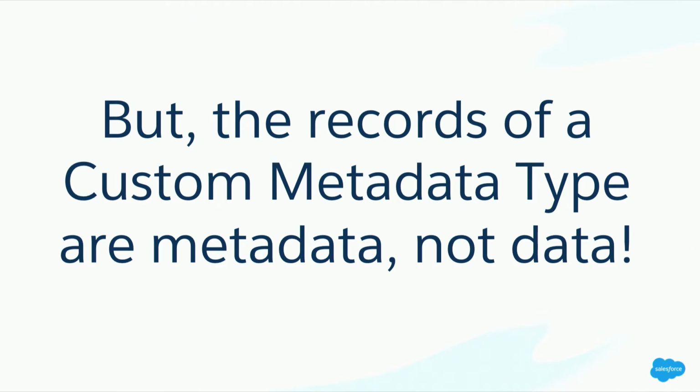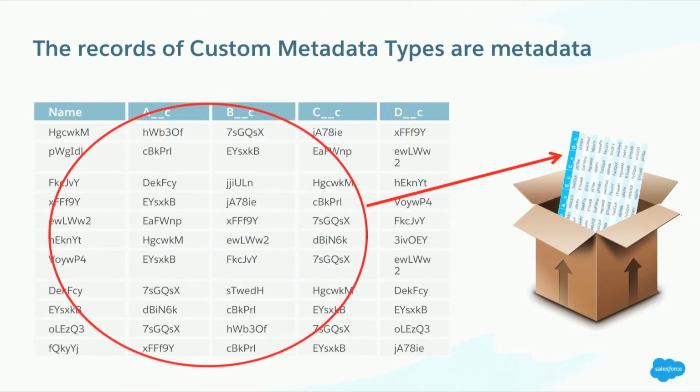So guess what? Because they are metadata, they can be packaged. Now you can package the records of custom metadata types together with the definition of custom metadata types. So you no longer need any post-deployment scripts, manual steps, or anything like that. You just package whatever you want to make a configuration and your app will be working out of the box without any extra steps.